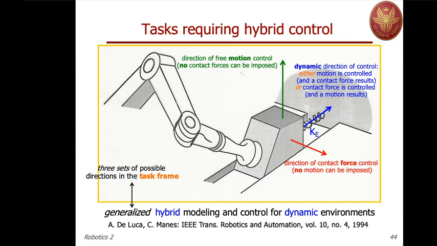I'm introducing this example because later when we will cover the hybrid force motion control design, we will follow the more conventional set where these dynamic directions are not present, but in fact we could generalize this also to the presence of such type.